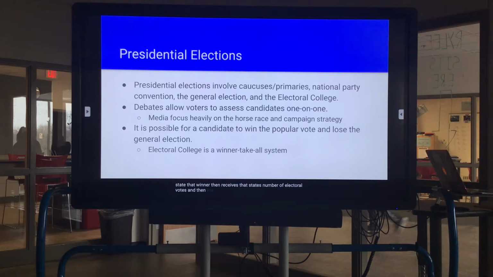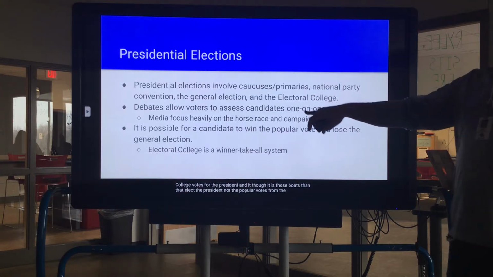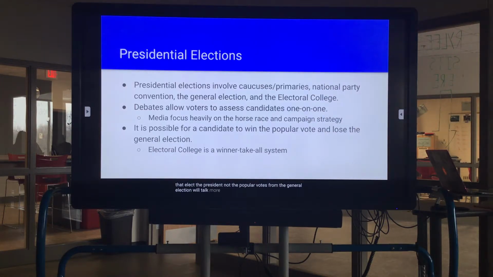And then the Electoral College officially meets, I think it's the third Wednesday in December, and they officially cast their Electoral College votes for the president. And it is those votes then that elect the president, not the popular votes from the general election. We'll talk more about that when we talk about the presidency in particular, but just to let you know that yes, that's how it is done.